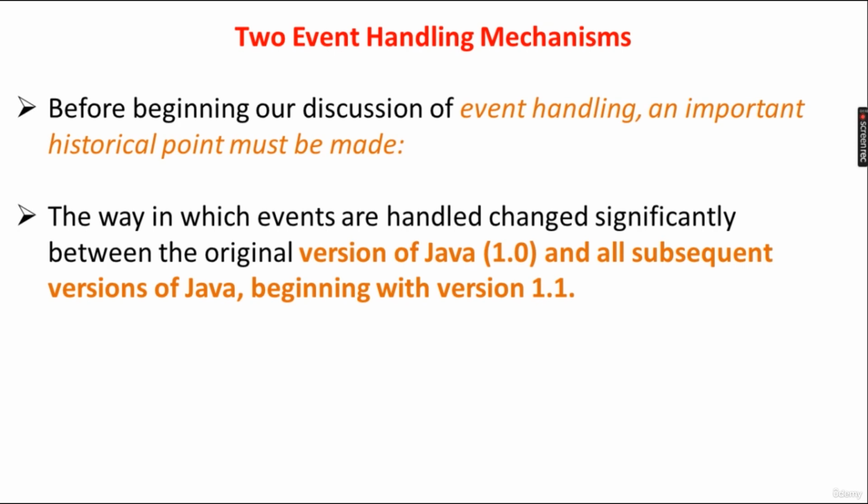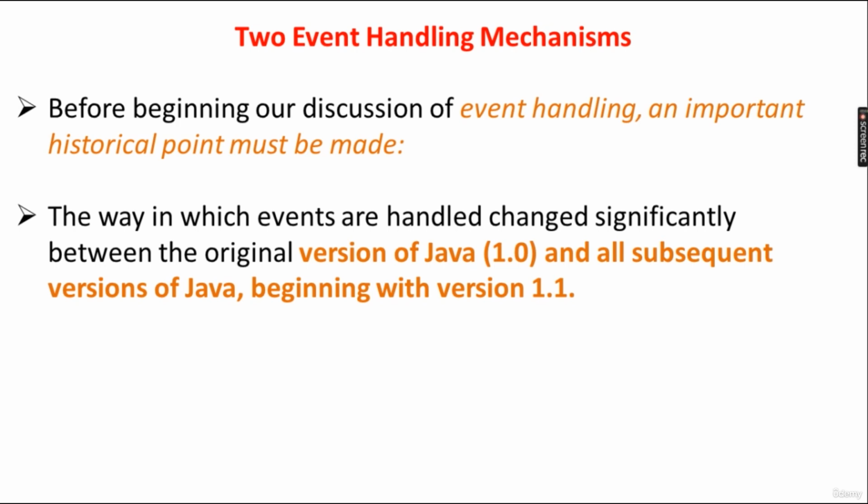Before beginning our discussion, an important historical point must be made: the way in which events are handled changed significantly between the original version of Java and all subsequent versions after 1.1. The way event handling was done was significantly different.